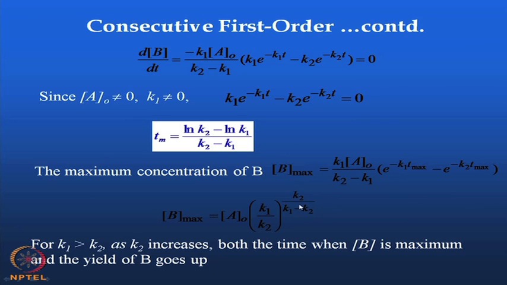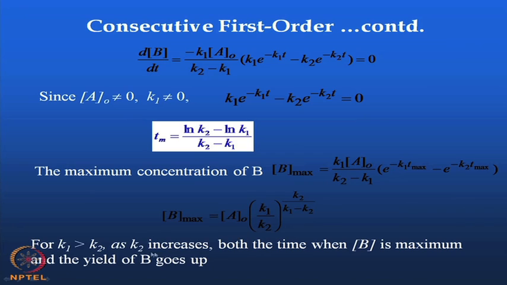This increases means the denominator is becoming less, and this factor is increasing, but as a result, since the power factor is more, both the time when B is maximum and the yield of B will go up.